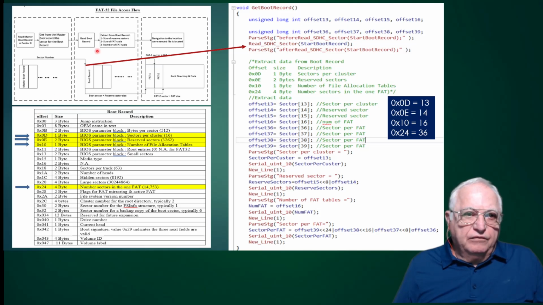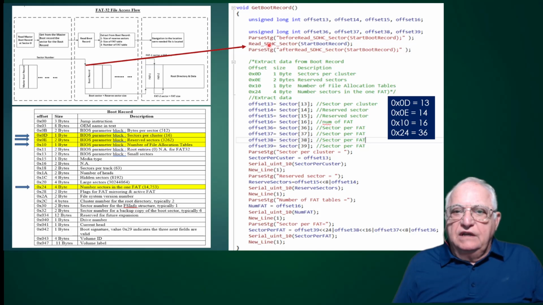So we're right here, when we say read SDHC sector start boot record, that's going to load the whole sector into the sector parameter. So now we have an array of 512, which is a global array, as I noted, that we filled up with this record using the SDHC sector, which we learned in the prior presentation how to do.